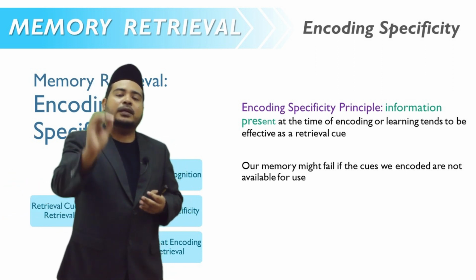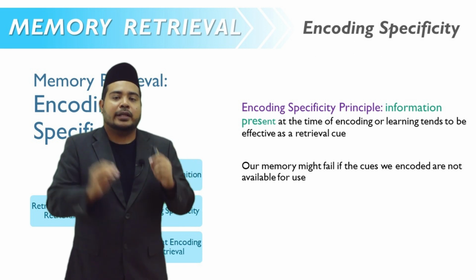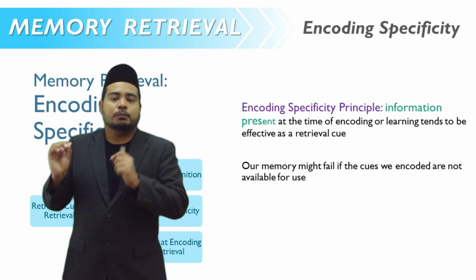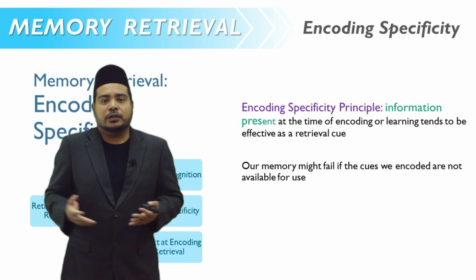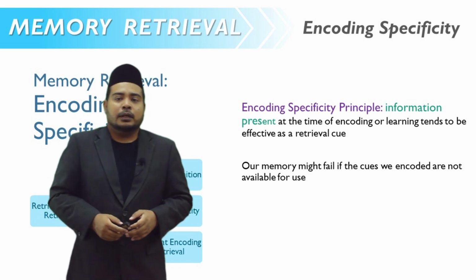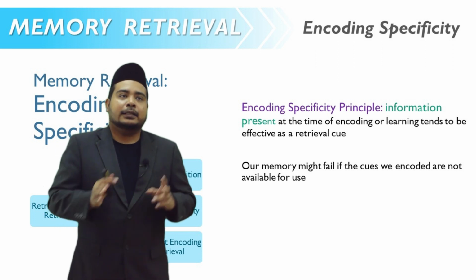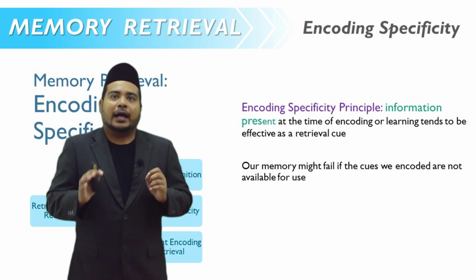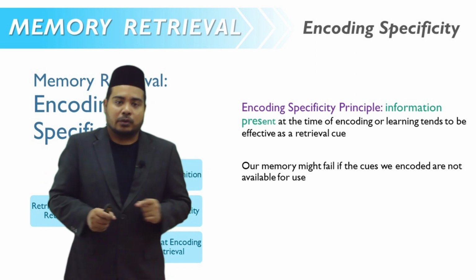You have difficulties recalling what the encoding specificity principle is. Why? Because the information present at the time of encoding is not present. So this also involves other contexts or other types of cues that aid our recalling process.